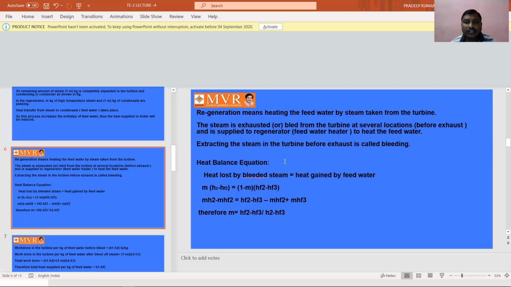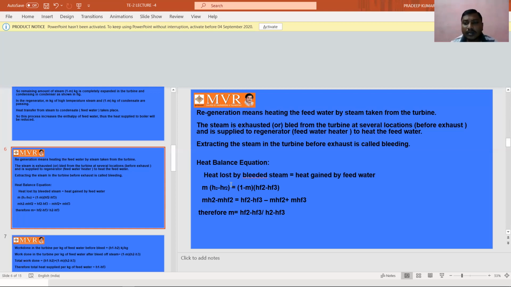Heat balance equation: when we balance the equation, heat lost by bled steam is equal to heat gained by feed water. Bled steam is the steam extracted in the turbine before exhaust into the condenser.